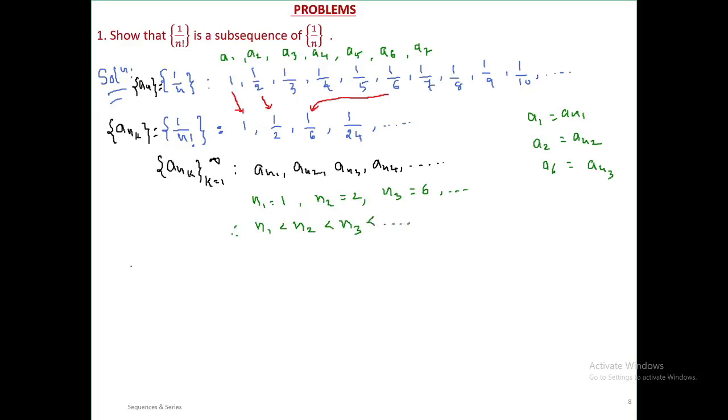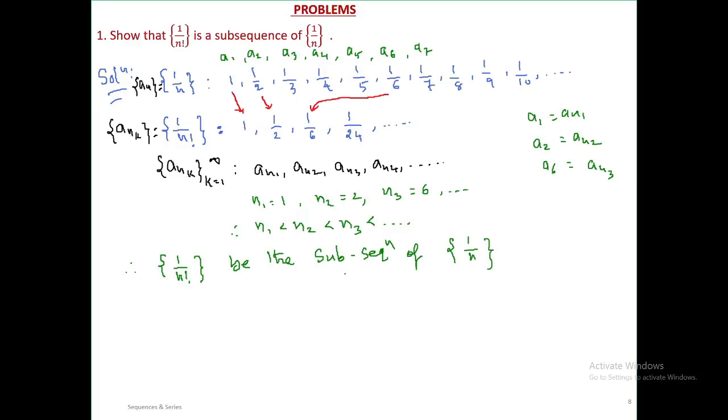Okay, so therefore what I can say, the sequence 1 upon n factorial is a subsequence of the sequence 1 upon n. That's it, simply. So remember, every subsequence is also a sequence only, but why special sub?